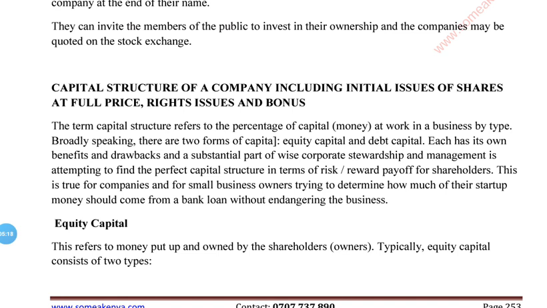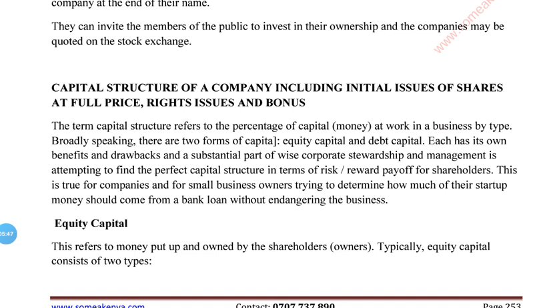So the capital structure is how capital is structured in the statement of financial position of the business. The term capital structure refers to the percentage of capital, that is money, at work in a business by type. Broadly speaking, there are two forms of capital: equity capital and debt capital.